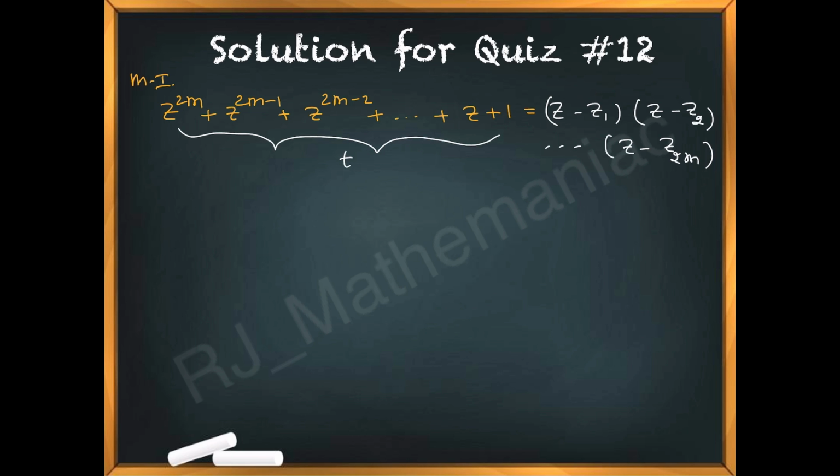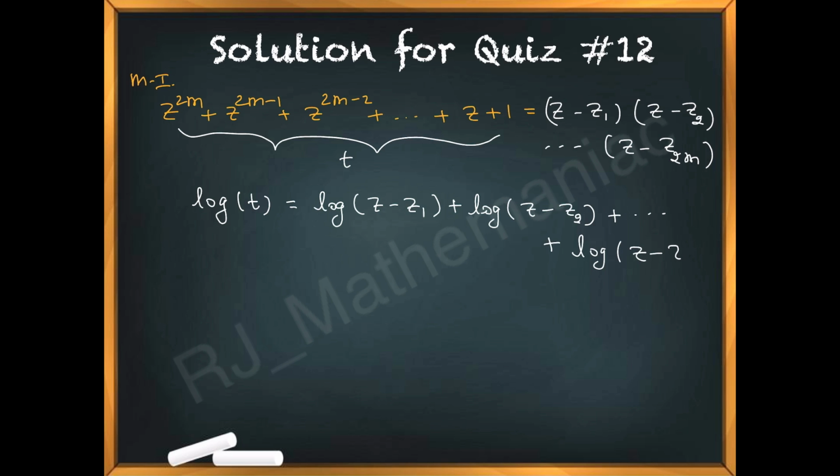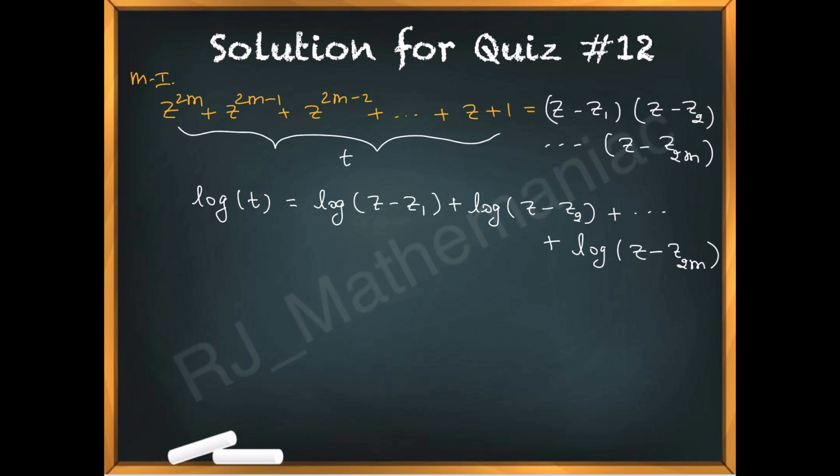So t equal to this, and let's take log on both sides. So log t is equal to the log of the entire expression, which is log of (z minus z1) plus log of (z minus z2), and so on, plus log of (z minus z2m).